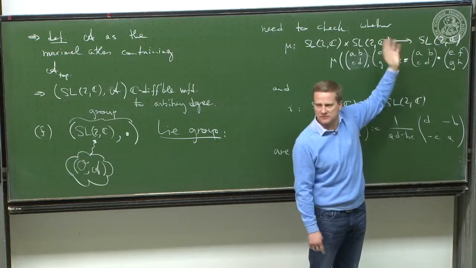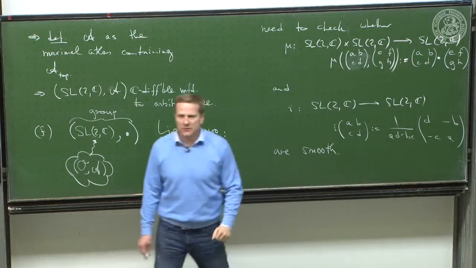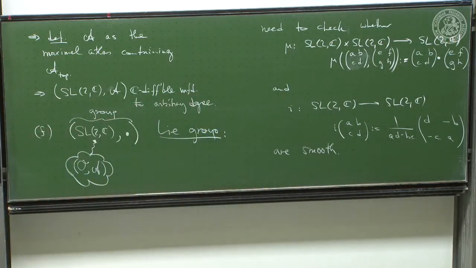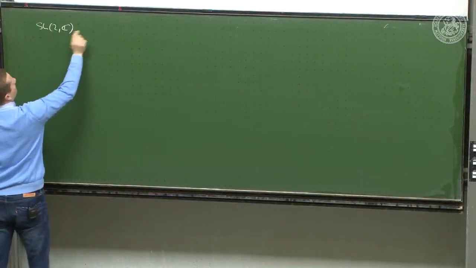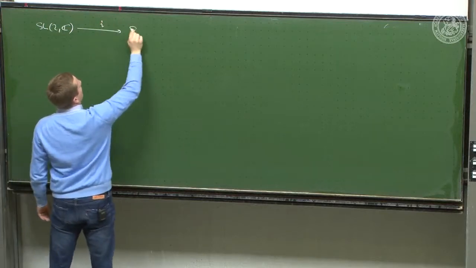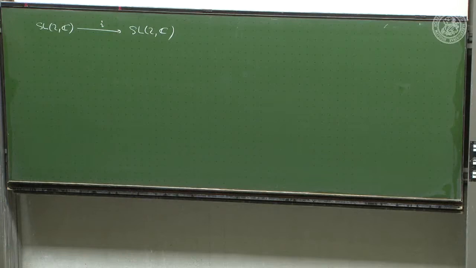Once you have the charts, you check this. But we'll carry it through in detail for the I. We want to check precisely that the I is smooth. So we have SL2 C. We got the map I that sends an element of SL2 C to its inverse between these two smooth manifolds, and we want to check whether it's smooth.